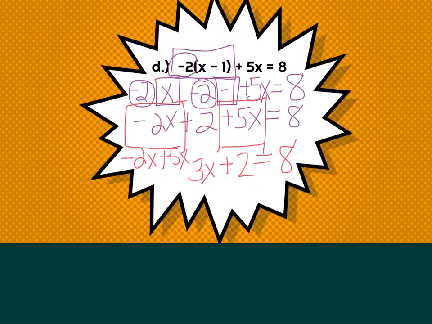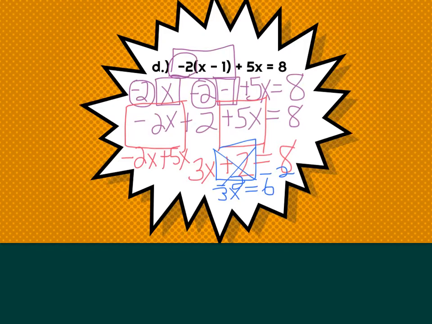The next step was to undo addition or subtraction. So here we have plus 2, and we need to get rid of it, and the inverse operation is to subtract 2 from both sides. That cancels out the plus 2 and leaves us with 3x equals. Then we have a positive 8 and a negative 2. They're different signs, so we need to subtract. 8 minus 2 is 6, and we keep the sign of the 8, which was a positive.